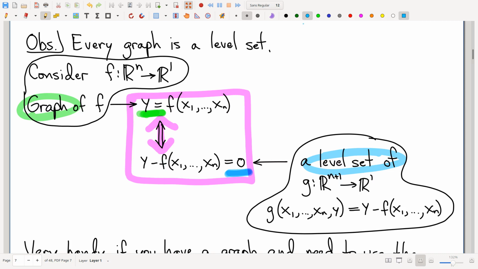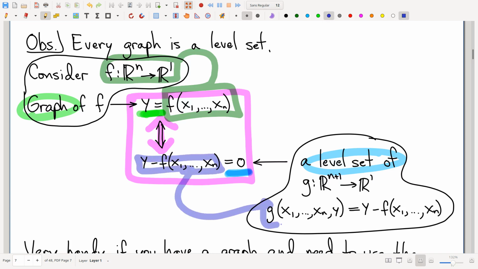Now, very importantly, make sure to notice the function whose graph I was initially interested in is not the same as the function whose level set I'm looking at here.